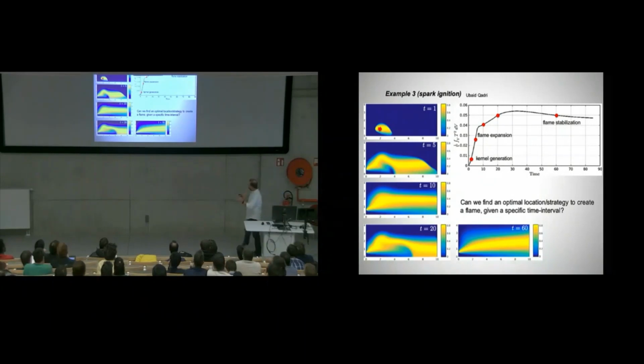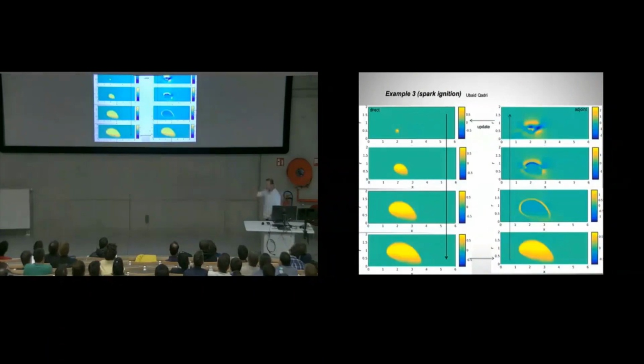So the question is, where should we put that sparker so that we can get to a fully established flame as quickly as possible, okay. So our cost objective is the integral over a specific time, if we integrate that curve here, we want to have as big an area as possible underneath it. Okay. And then we go around and around with that direct adjoint thing.